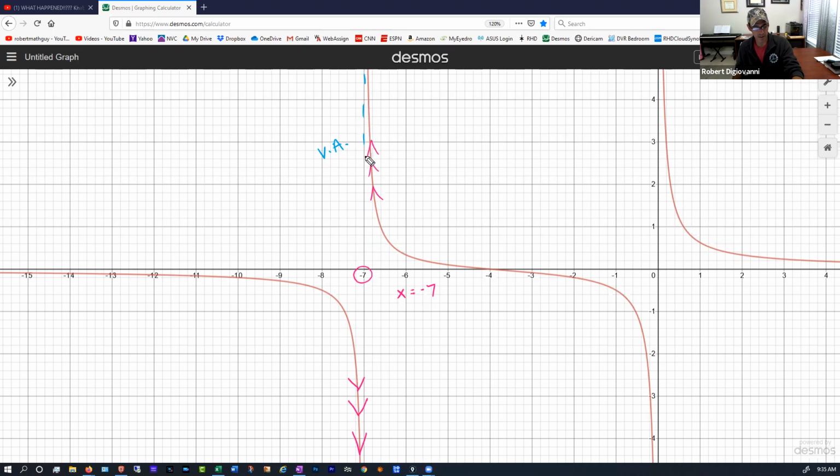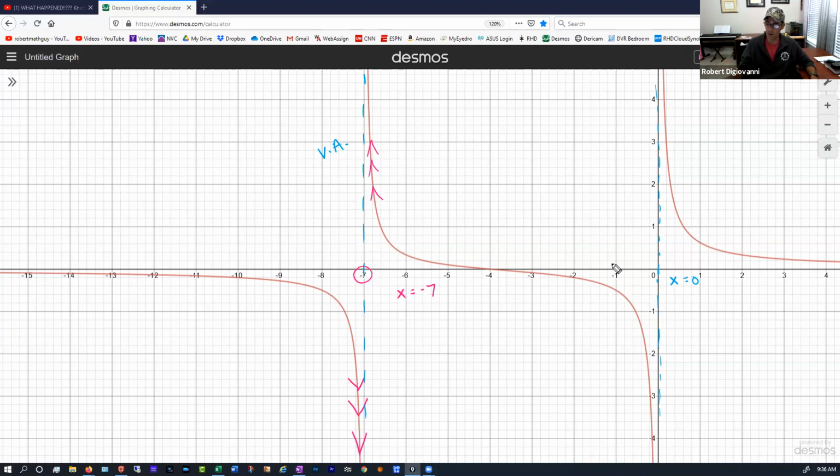I'll put it as a dashed dotted line, because technically it's not part of our graph. It's just a reference for us so that when we draw the graph, we know not to go past that line and then to do this up or down thing when we get to it. Notice that we have another one over here at x equals 0. We have another vertical barrier or another vertical asymptote. So does everyone see that for this particular example, we have two vertical asymptotes, right?